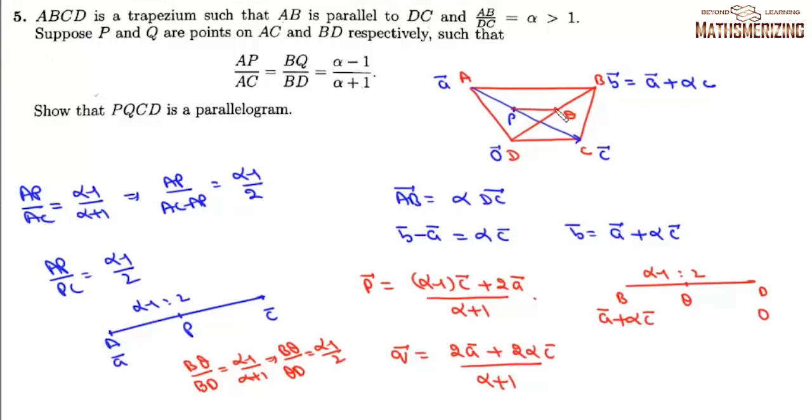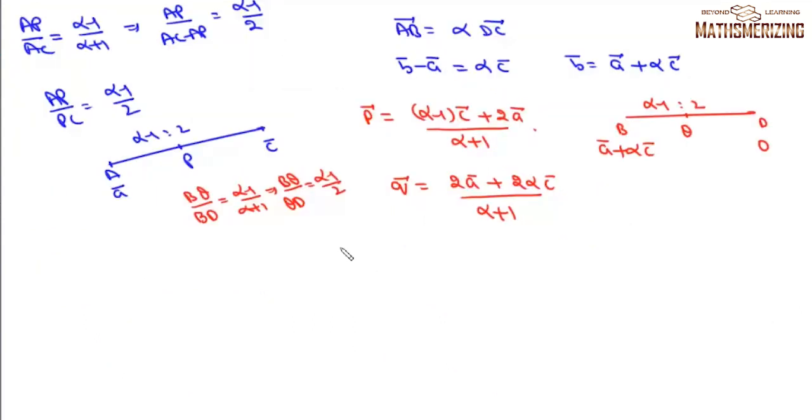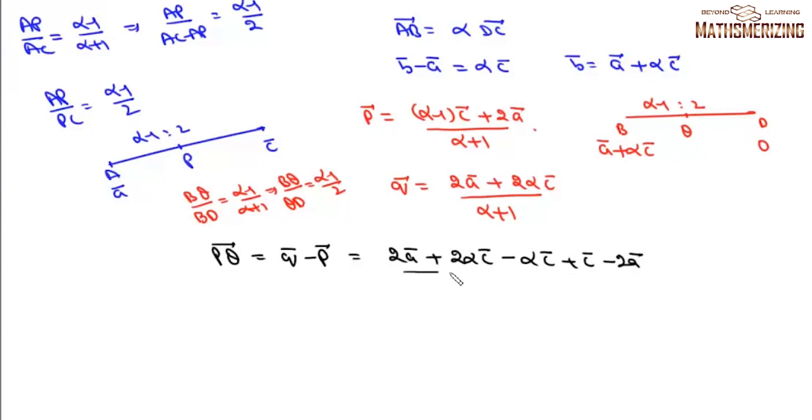Now we'll find this vector PQ. Now vector PQ will be position vector of Q minus position vector of P. It will be 2A plus 2 alpha C minus alpha C plus C minus 2A upon alpha plus 1. Now 2A and 2A will cancel.